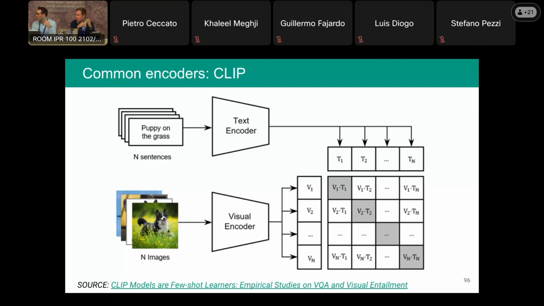So I think there was a question about contrastive learning earlier. What we're going to do is encode all the different texts that are in our data set, all the different images that are in our data set. So you can see T1 and V1, for instance, here. If the text corresponds to the image, so this has been annotated, it's labeled that this is an image of a puppy on the grass, we want both representations to come closer together.